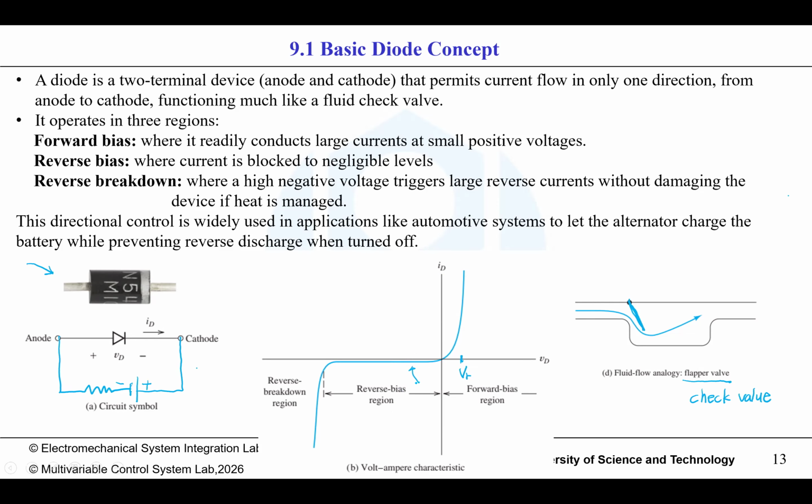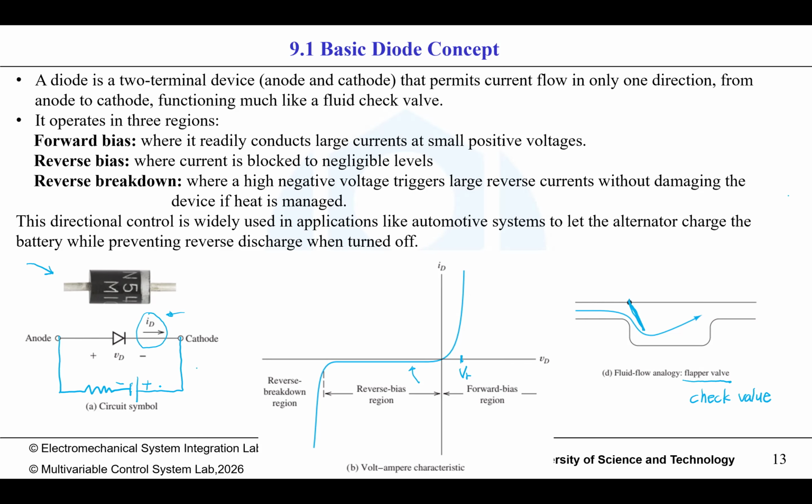It's a negative current, and its amplitude is very small. If you draw the arrow like this, the negative current means it's flowing backwards, but it's very small compared to the magnitude of current in the forward bias region.